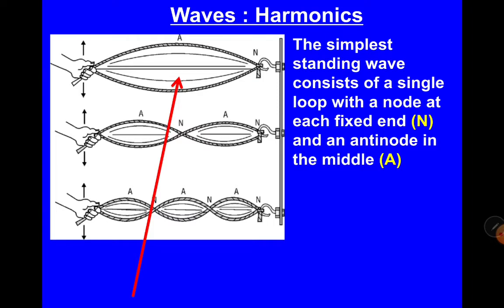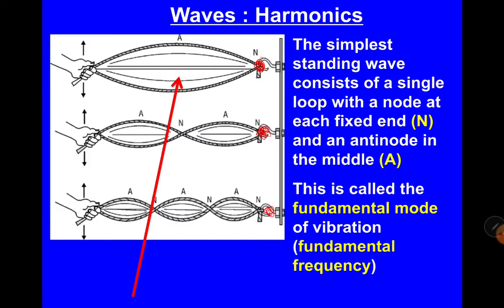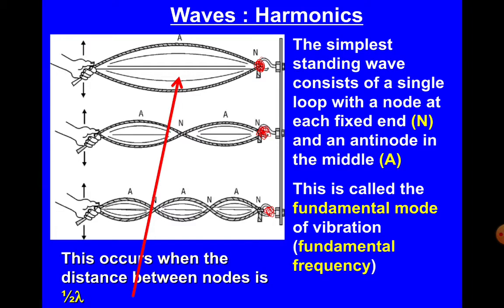So this is the frequency. The first one, we call the first harmonic. The second one, when we increase the frequency, we get the second harmonic. And the third one, we get the third harmonic. The first one, we call the fundamental mode, or the fundamental frequency. Okay.